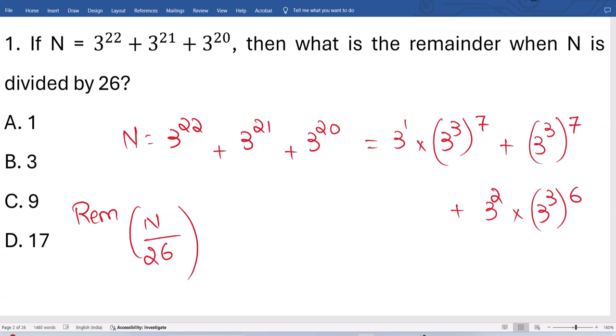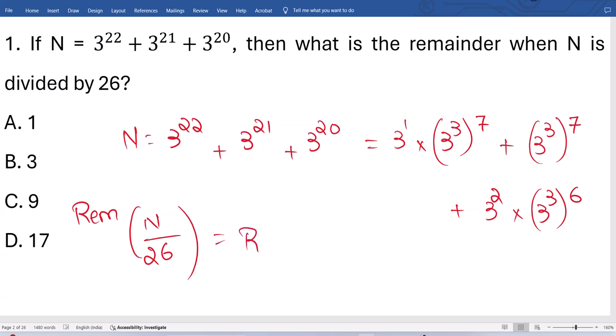Excellent question, this is definitely a good learning for you. Why am I focusing on 3 power 3? I've already given the reason: 3 power 3 is 27, and 27 divided by 26, remainder is 1. I want to calculate the remainder, not the quotient. So that's why I'm focusing on the remainder. Now, I'll write the number here.